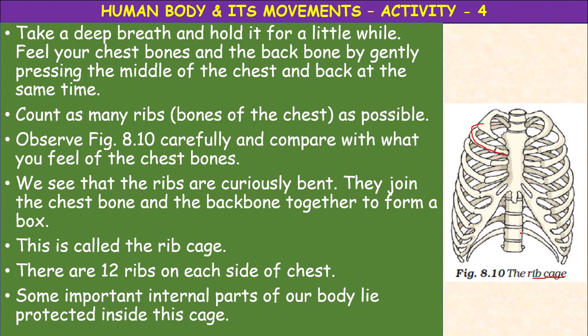One is a respiratory organ, another is the organ of the transport system or circulatory system. It is one of the important functions of the skeleton system to protect the internal organs. What are the internal organs protected by this rib cage? Lungs and heart.